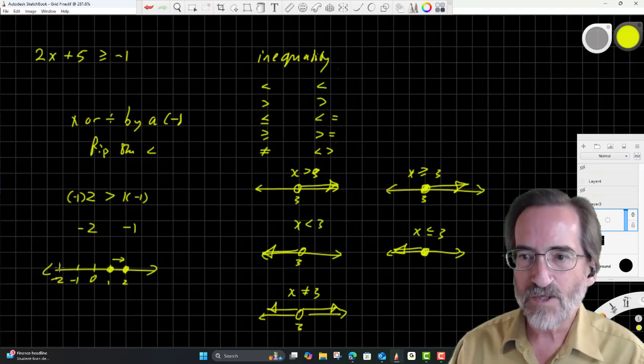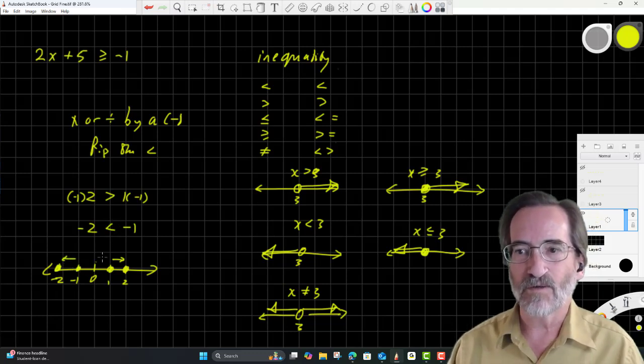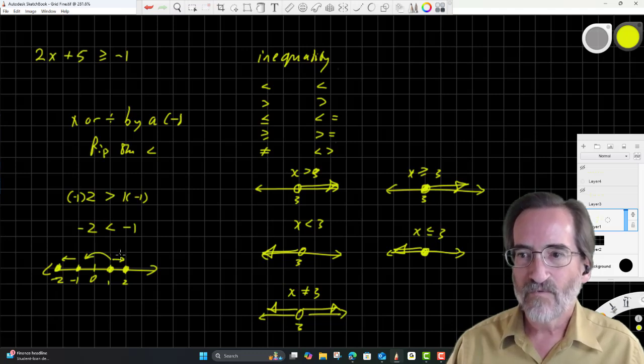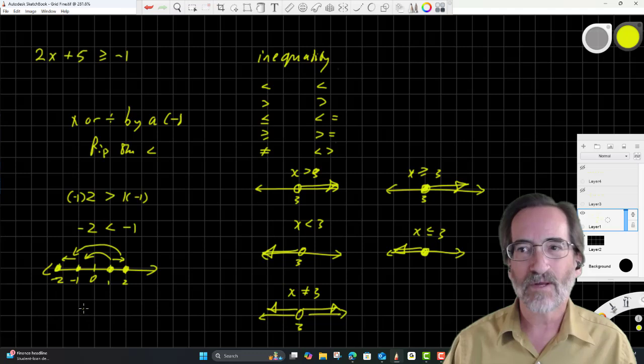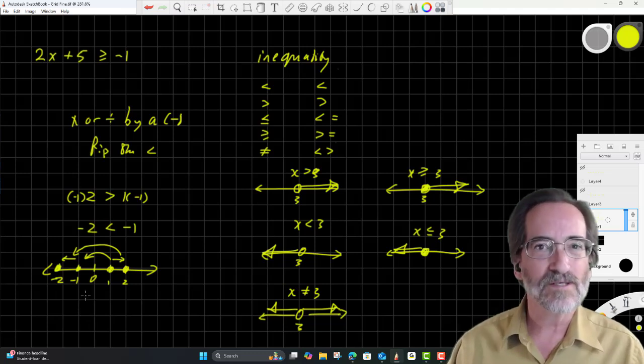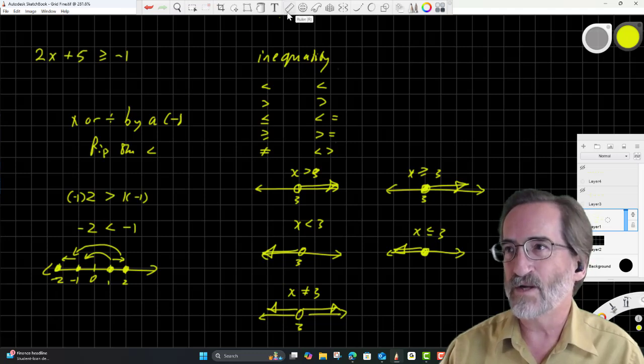But when we switch them to negative, -2 is less than -1 because it is to the left. We have this flipping effect going on over the point 0. Okay, so that's the exception to the rule. Other than that, it's the same as solving any other equation.